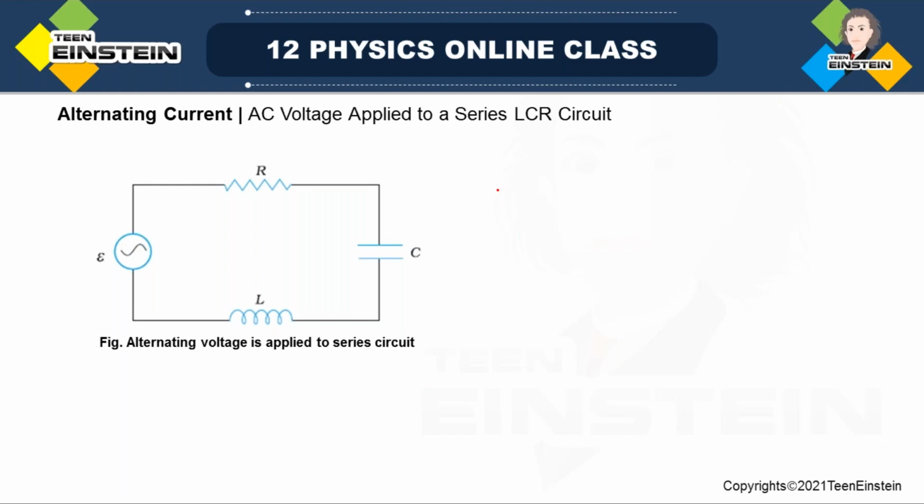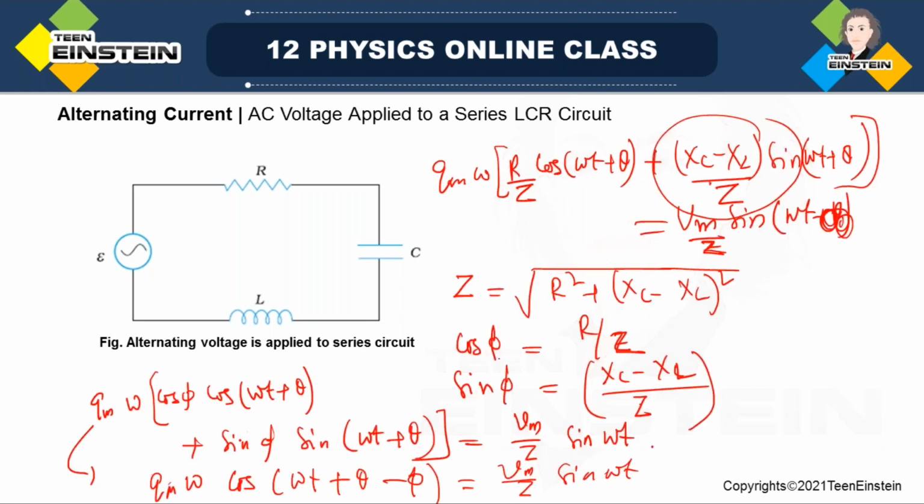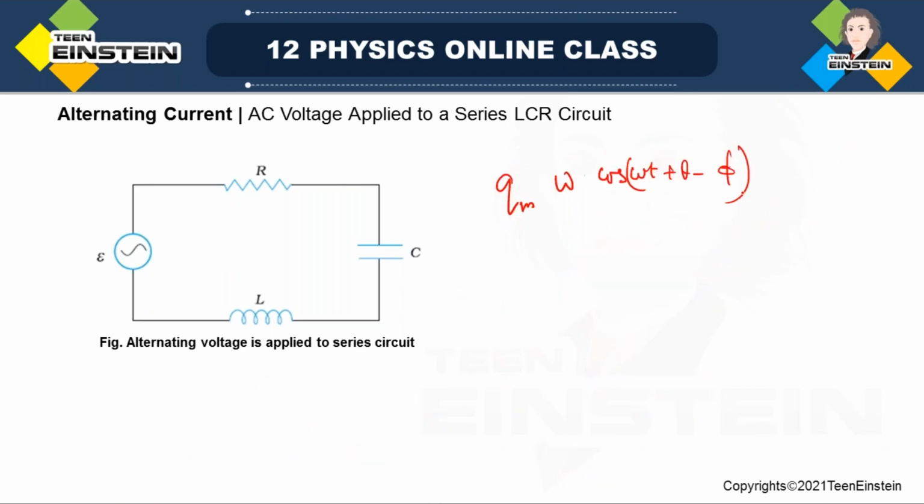Okay, the calculation part. So what we have got is Qm omega cos of (omega t plus theta minus phi), after using the trigonometric identity cos a cos b plus sin a sin b, which is cos of (a minus b). So that is what we have done over here.